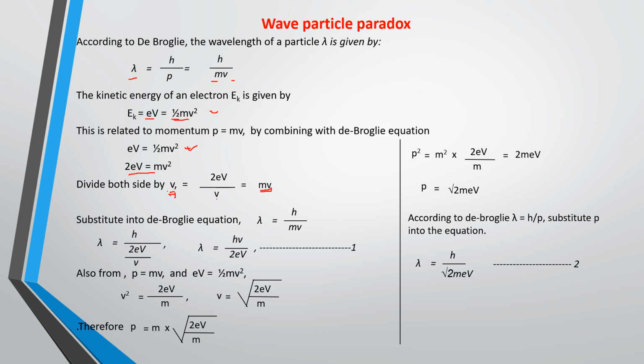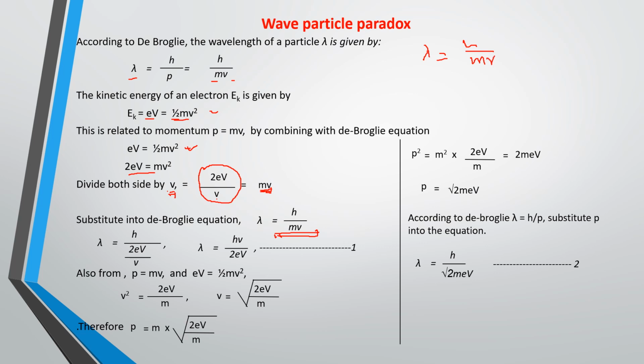So if you take this back to the de Broglie equation, substitute for mv. Where you have mv in the de Broglie equation, put this in. The de Broglie equation is lambda equals h all over mv.